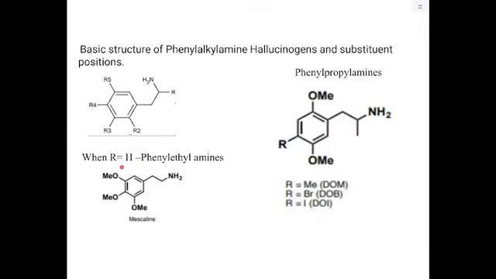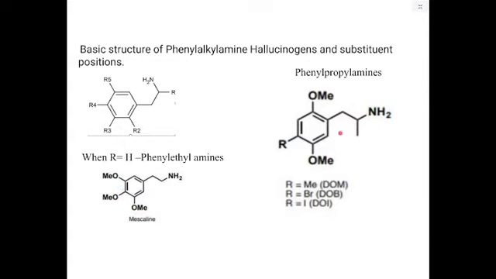If you look at this compound, at that position there is no substitution, and then you have a substituent at that position, a substituent there, and a substituent at that position. So you can see that substitutions at specific positions bring about specific activity.